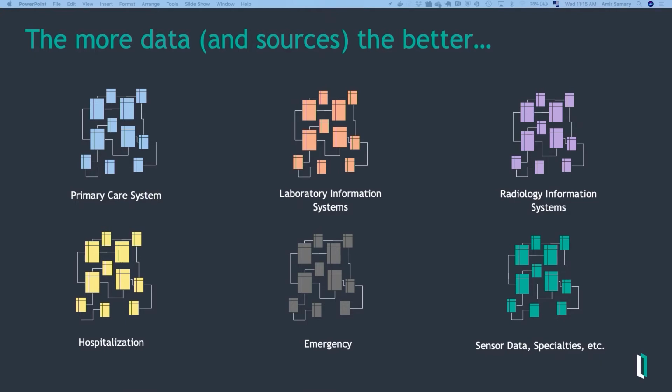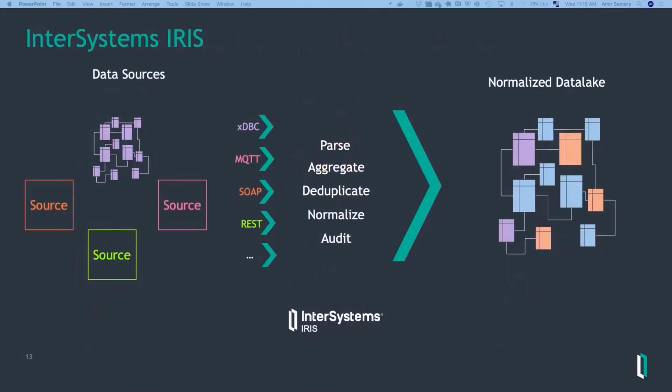So all these data sources need to be aggregated, and sometimes, depending on your country, data is coming through using different formats, and guess what? IRIS is great for that, IRIS for Health. But sometimes it's not that easy, right? If you're dealing with data outside healthcare, IRIS is just enough.